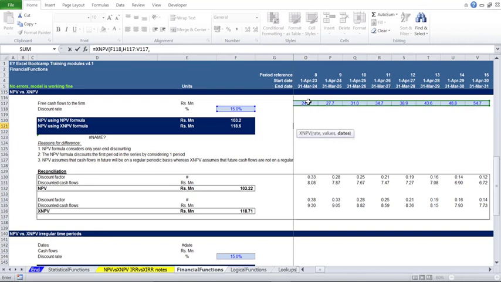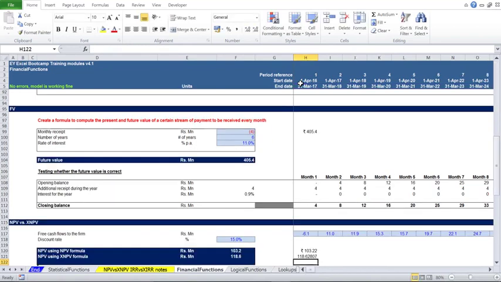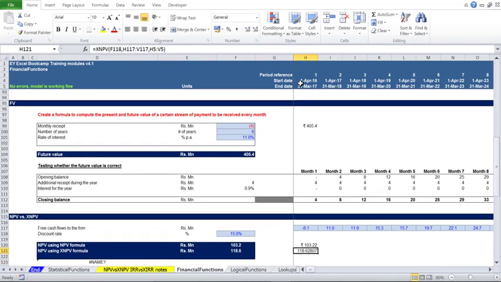Now you can see the third argument was not there in the NPV function, whereas we have a third argument in the XNPV function, which is dates. For now, let's just link the end dates for each cash flow in the series from row 5, which gives us the end date up till year 15. Close the bracket and press enter. As you can see, we have calculated NPV using the XNPV formula.